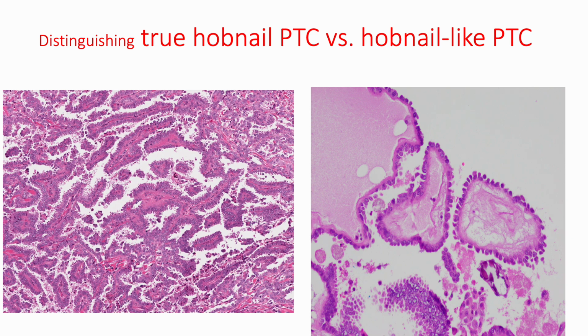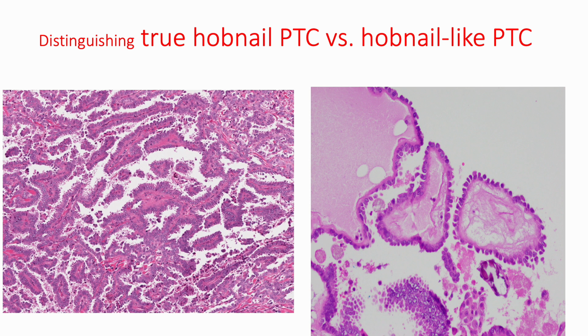Here is side-by-side comparison of true hobnail variant of PTC and classic PTC with hobnail-like morphology. Hobnail variants of PTC have complex papillary architecture. The tumor cells are often overcrowded and pseudostratified. Increased mitotic activity is present.